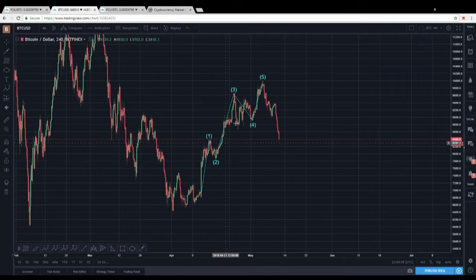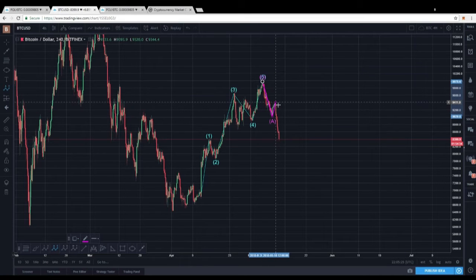Okay, now that we have finished our first 5 waves up, now we have a corrective pattern that needs to take place. And that is always a 3-wave pattern down. So it's labeled ABC, and we start at the same point that our 5th wave ended, and we come down to the first low that it had before it bounced.